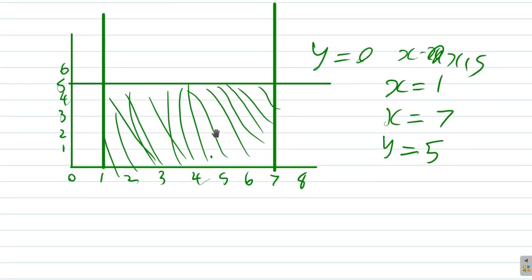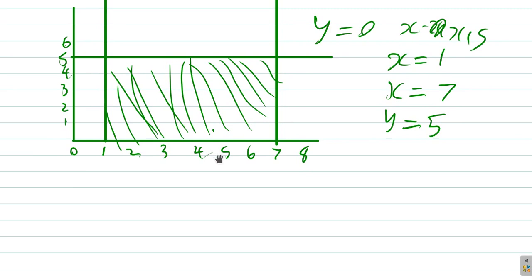Now, we can use two methods to find this area. We don't necessarily have to use integration, okay? So, first, we can just multiply the width by the height of the rectangle to get the area.